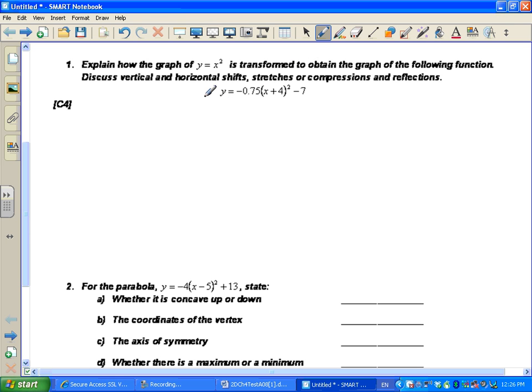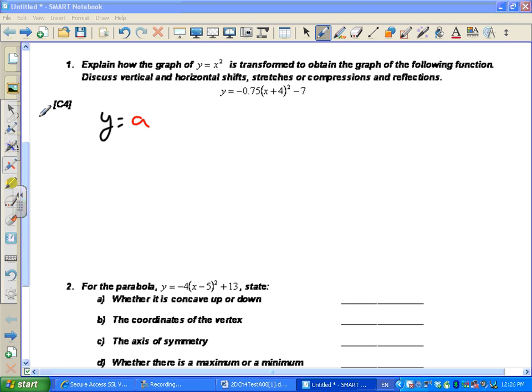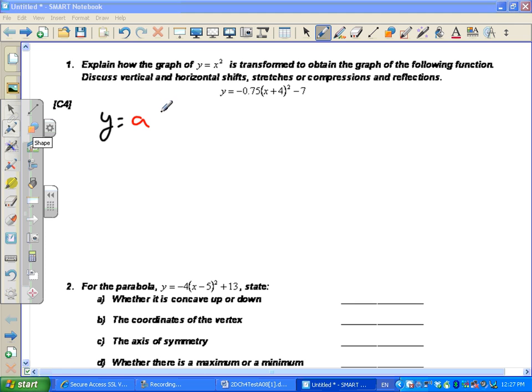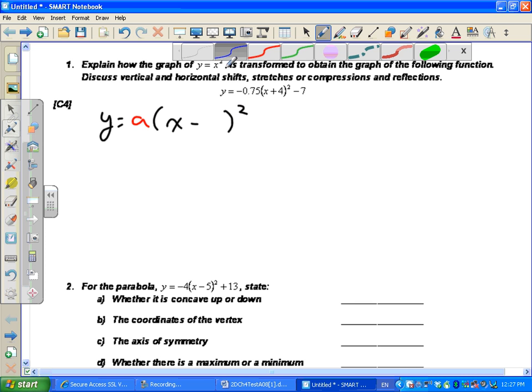Okay, so what's important here is that we remember our skeleton model where we have y is equal to a times x minus h plus k. We need to identify our a, h and k.